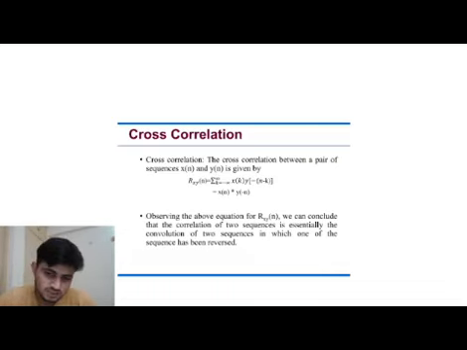Observing the above equation for r_xy, we can conclude that the correlation of two sequences is essentially the convolution of two sequences in which one of the sequences has been reversed. So y(n) is reversed to y(minus n), and this is the cross correlation.